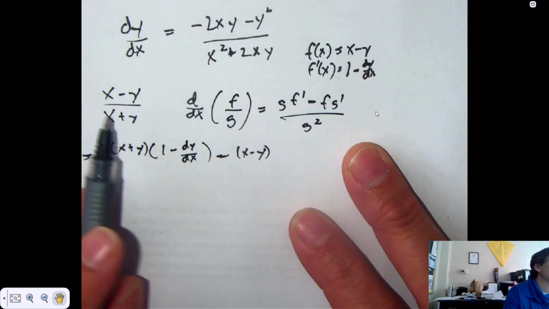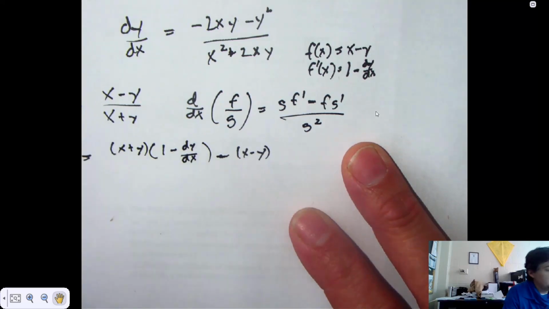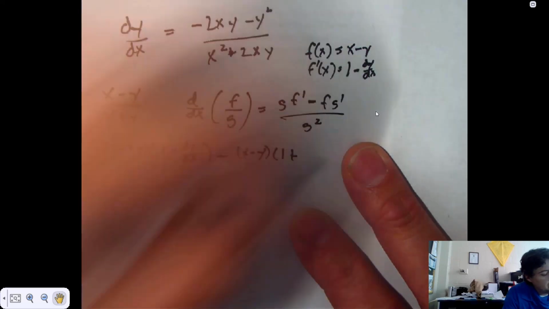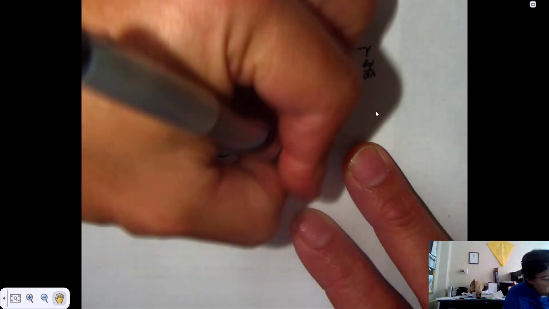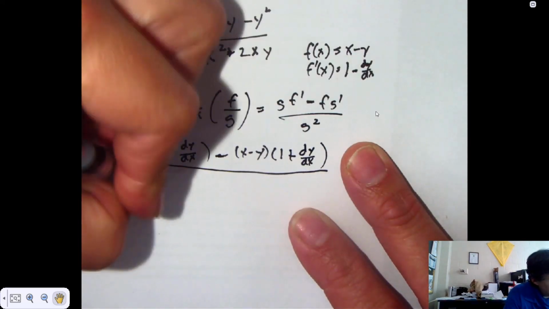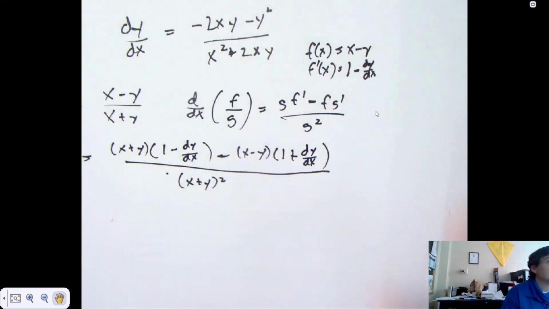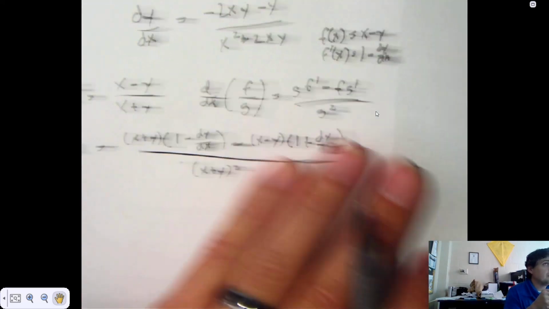What's the derivative of that x? 1 plus dy/dx. And it's all sitting over x plus y squared. So that's what it looks like in all its ugly glory.